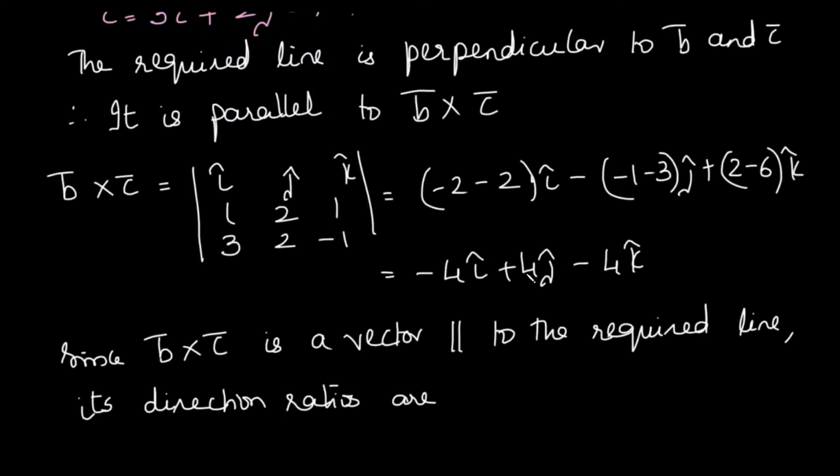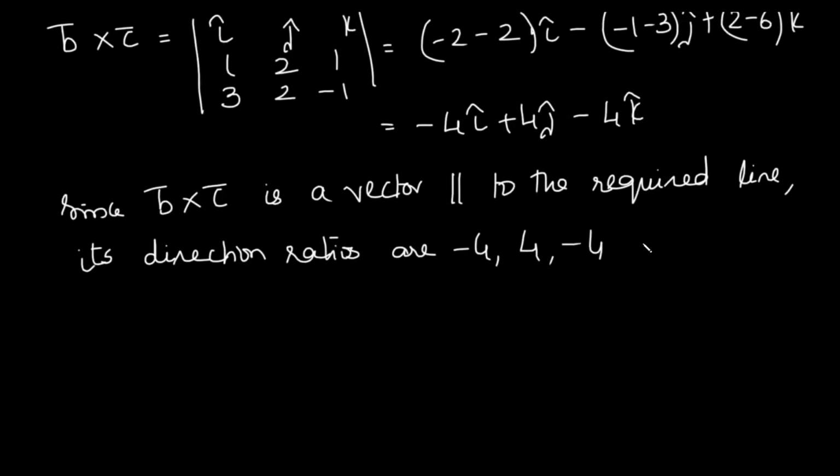Yes, we take the coefficients from here, and these are the direction ratios. So its direction ratios are minus 4, 4, minus 4. Now these can be any numbers proportional to these ratios, so we can simplify and write minus 1, 1, minus 1. These are the direction ratios of the required line.